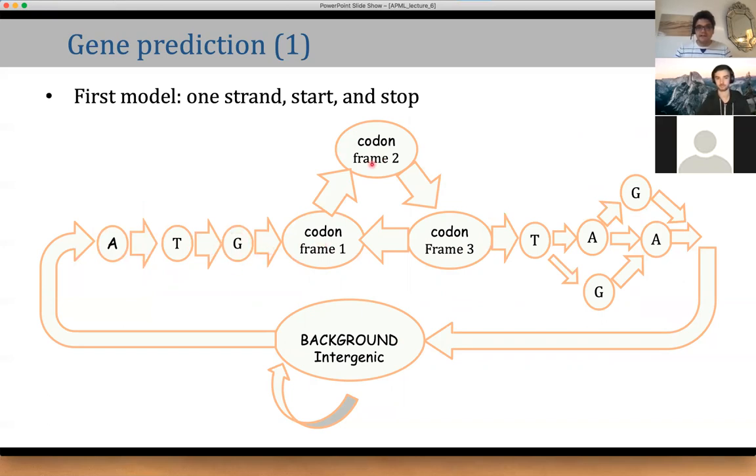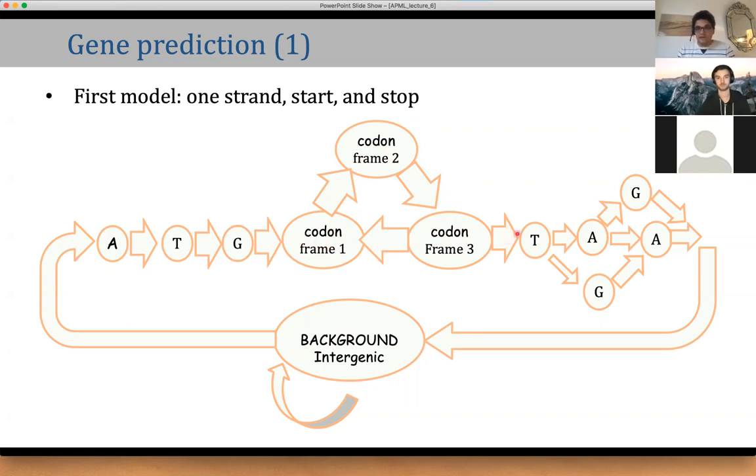And then I start my gene where there is the genetic code. So I always go by groups of 3. So I do codons, which are frame 1, frame 2, frame 3. And so I always move like that from frame 1 to frame 2, frame 2 to frame 3, and back to frame 1.